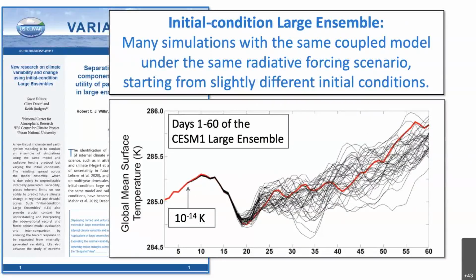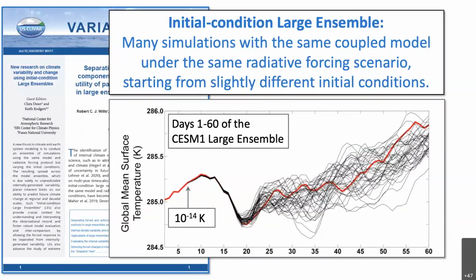I just have a couple of slides to go over what is probably very familiar to most of you listening in. So we're speaking exclusively here about initial condition large ensembles, which is simply running multiple simulations with the same coupled model under the same radiative forcing scenario, where each simulation begins from slightly different initial conditions.